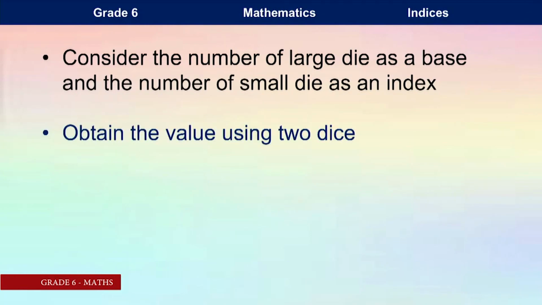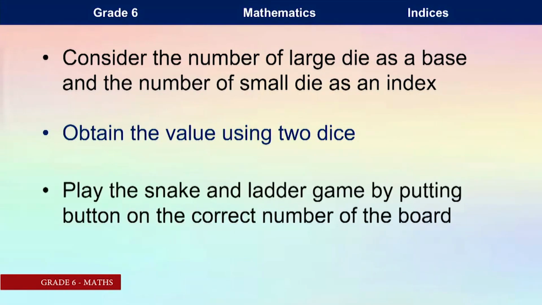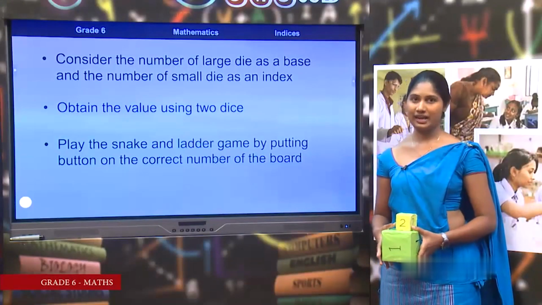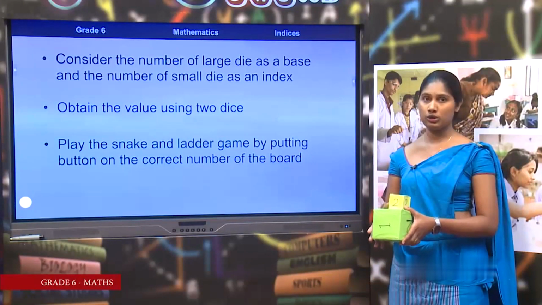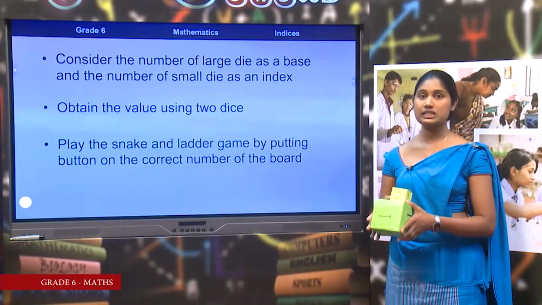Obtain the value using 2 dice. Play the snake and ladder game by putting a button on the correct number of the board. Now we are going to do this activity by using these 2 dice.